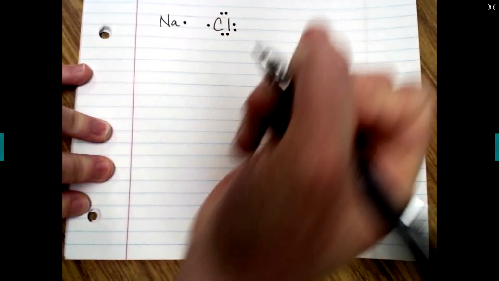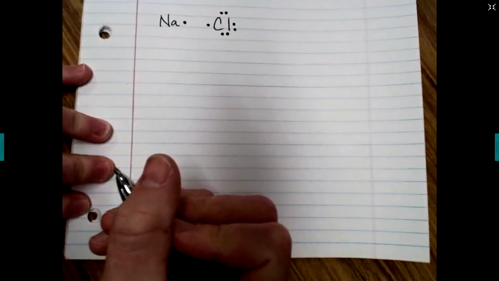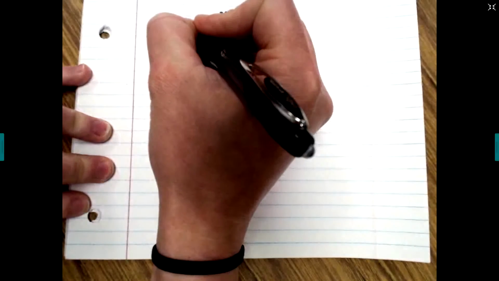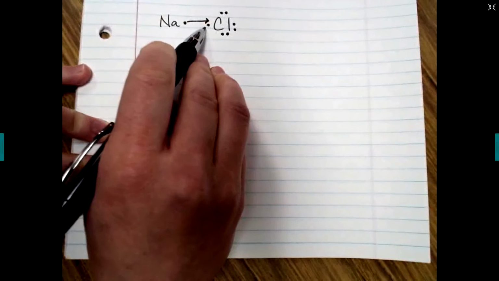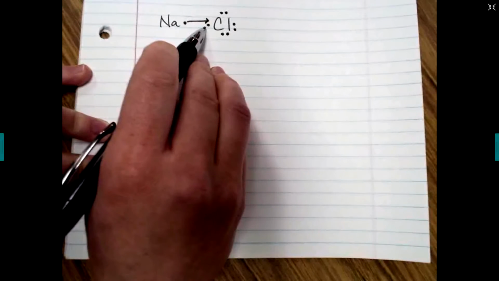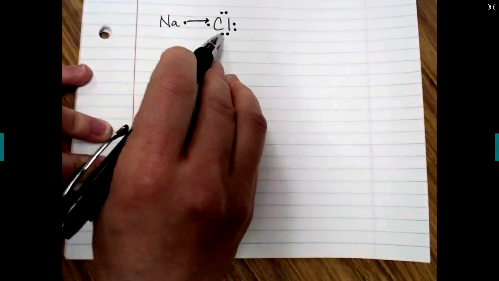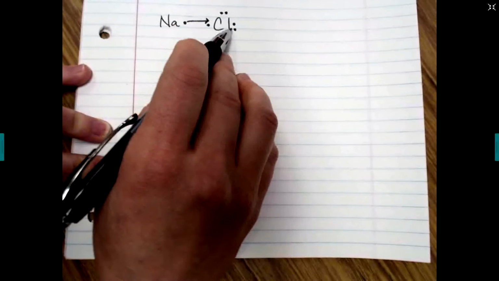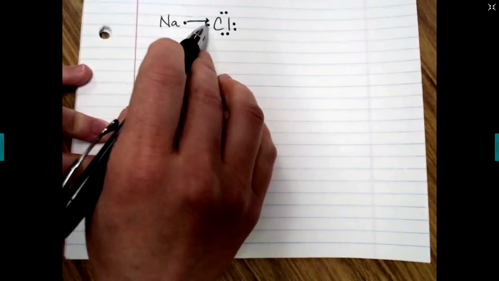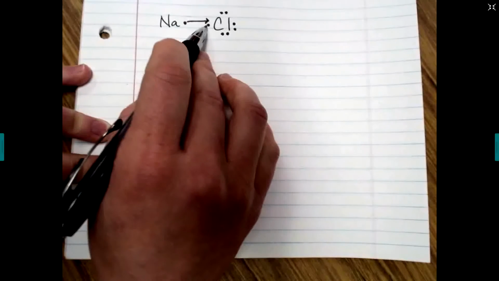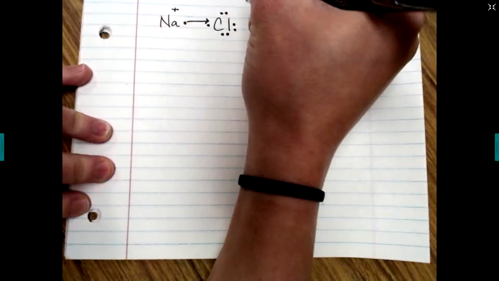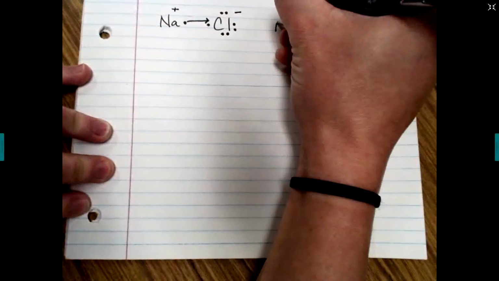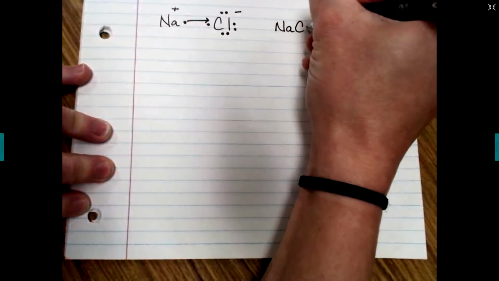And sodium is going to lose that one electron to chlorine, and that electron is going to go in the spot where chlorine has an available place for bonding. Because remember, these electrons don't take place in bonding. Those are lone pairs. This is the spot where this electron is going to want to pair up. So that makes sodium positive, chlorine's negative, and the formula would be sodium chloride.